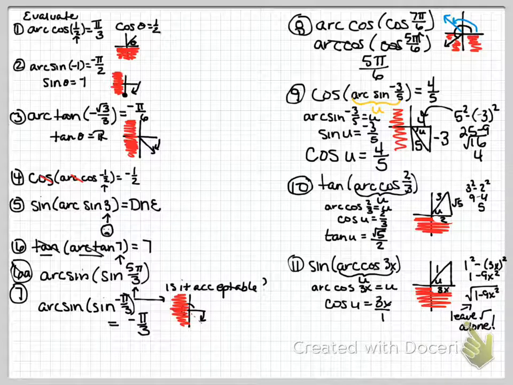This is a difference of squares. It's not a perfect square where the factors are exactly the same. The factors are different. You have to leave it alone. So that puts this side as the square root of 1 minus 9x squared. And that's kind of hard to read there. Hold on.